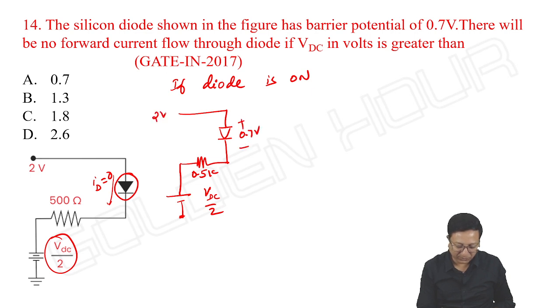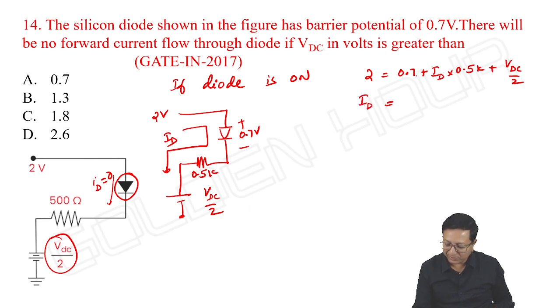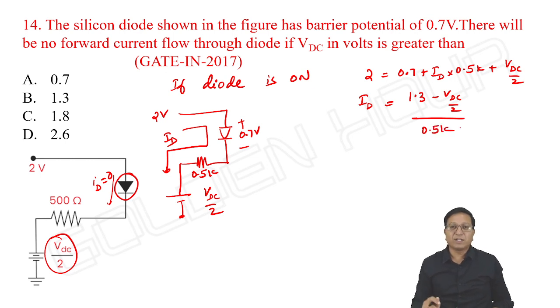It is 0.7 volts, 2 volts, and this current is ID. If I take the loop equation, 2 volts is equal to 0.7 volts plus the current through the diode into 0.5 K plus VDC by 2. So ID is equal to (2 minus 0.7, that is 1.3, minus VDC by 2) divided by 0.5 K. If the diode is on, the current through the diode is given by this equation.